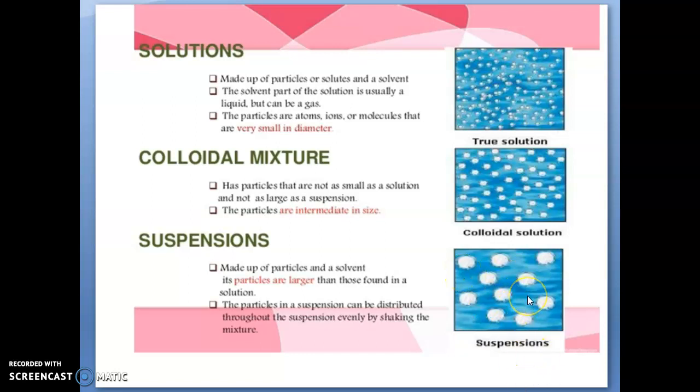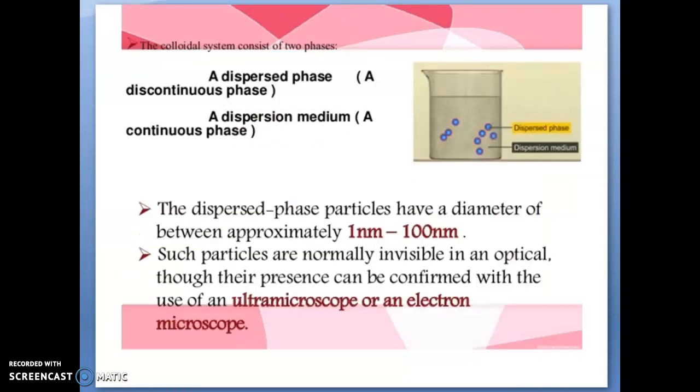This is the suspension. So what is meant by colloid? The size will be in between these two. That means it will not be very large or very small, but intermediate in size. That is a colloid. That size we have discussed here, it is between 1 to 100 nanometer.